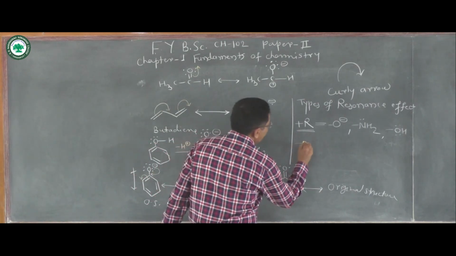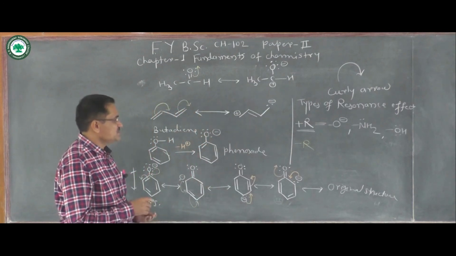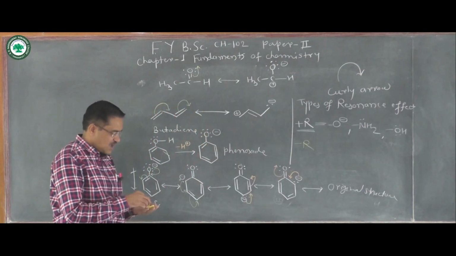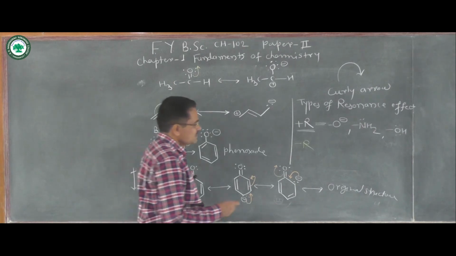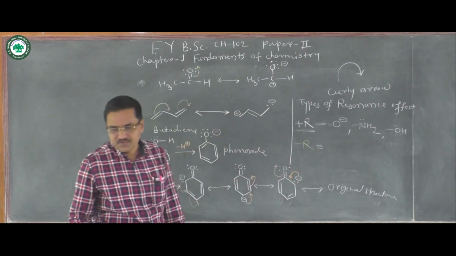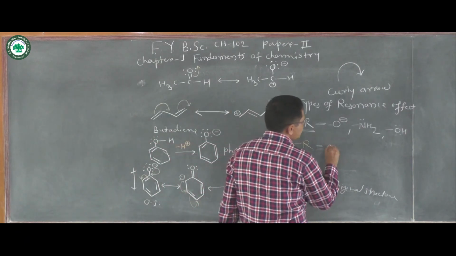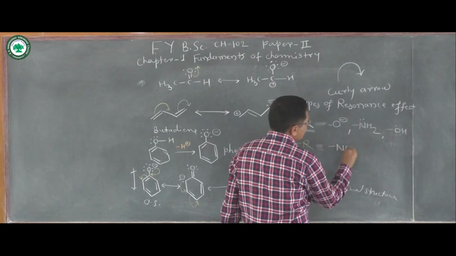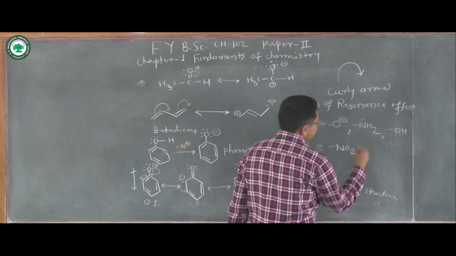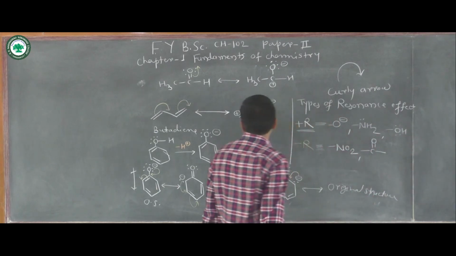Now another type is minus R. Minus R means the electrons are removed from the carbon skeleton. The best example is NO2 group, C double bond O group.